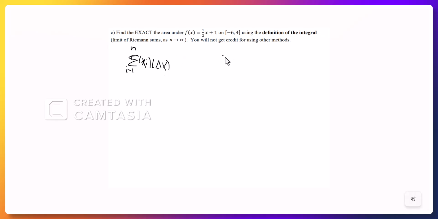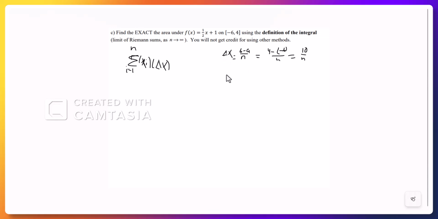And then we find the change of x by plugging in, it's going to be b minus a over n. So you get 4 minus -6 over n, which is just going to be 10 over n.